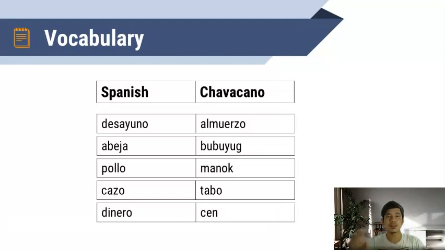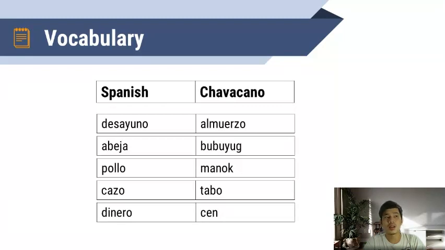For B, bee, in Spanish it is called abeja, but in Chavacano we actually use the term used by several Philippine languages, which is bubuyog. The word chicken is called pollo in Spanish, but we call it manok in Chavacano.